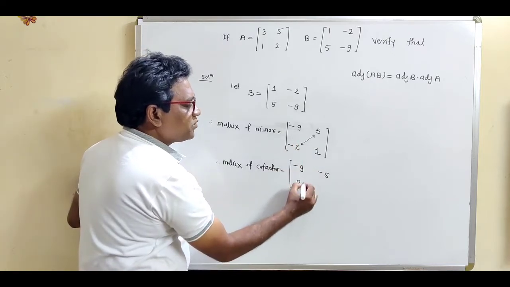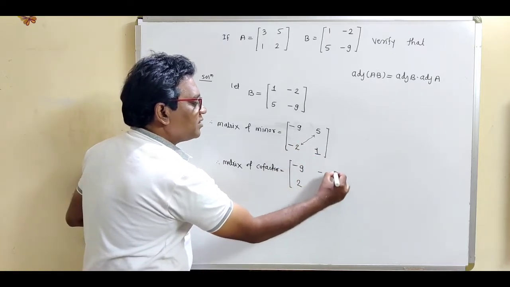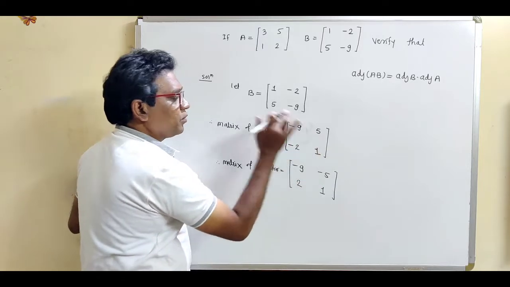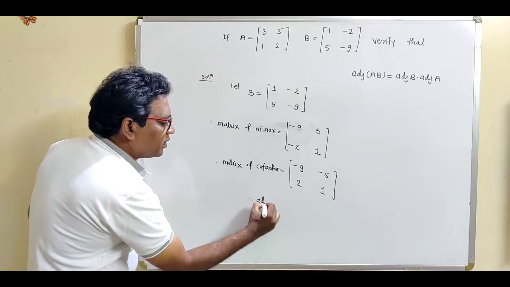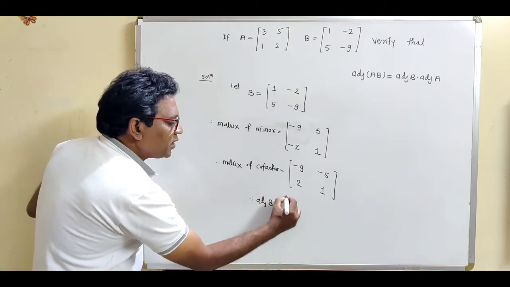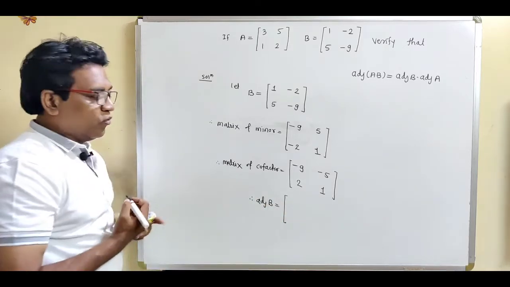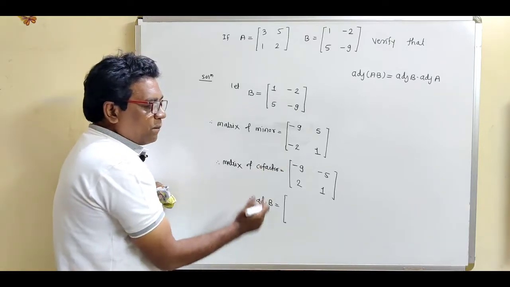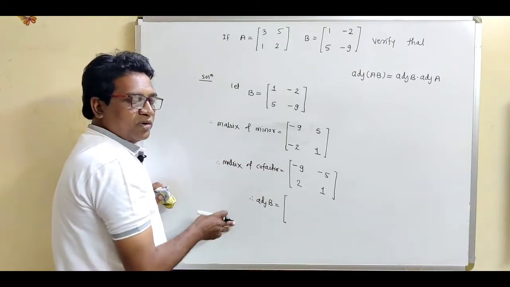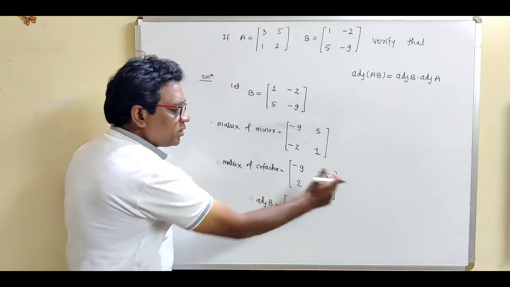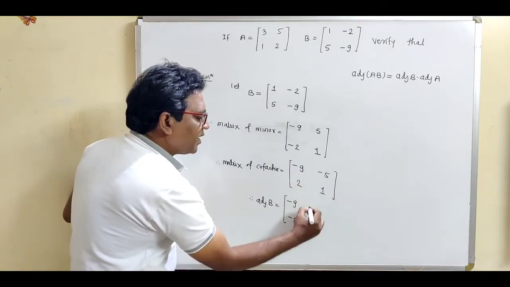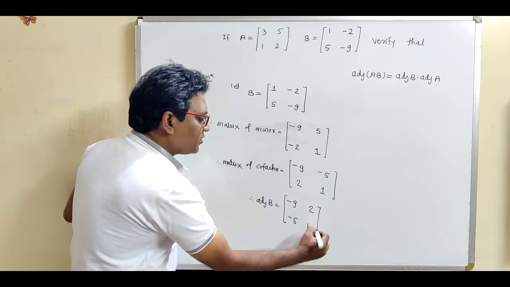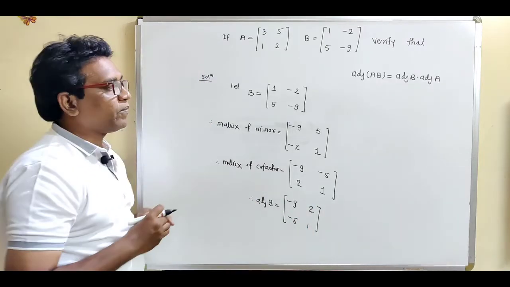Change the sign means it becomes 2, and this element as it is. So this is called the matrix of cofactor. And from matrix of cofactor, take its transpose. It is called the adjoint. What is adjoint? Transpose of matrix of cofactor, it is called the adjoint. Transpose means write first row as a first column, write second row as a second column. So this is the adjoint of B.